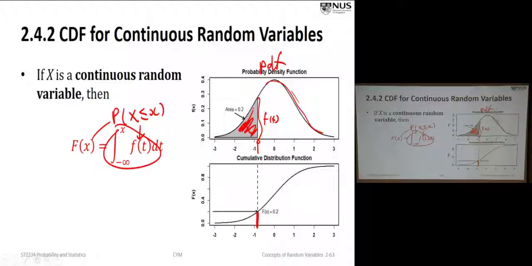Now, let me repeat again the difference between t and x. Don't write something like that. What's wrong with this statement, this integration? You have x everywhere. Are this x and this x the same thing?